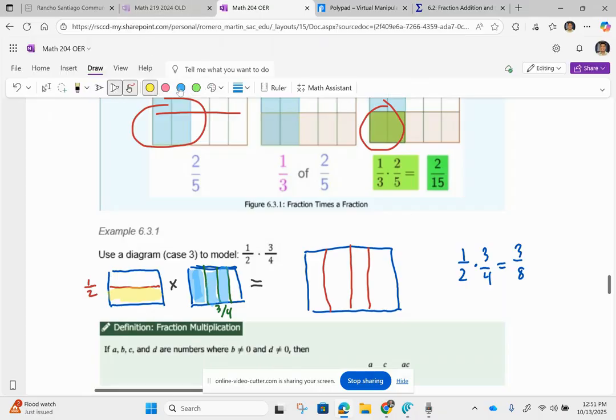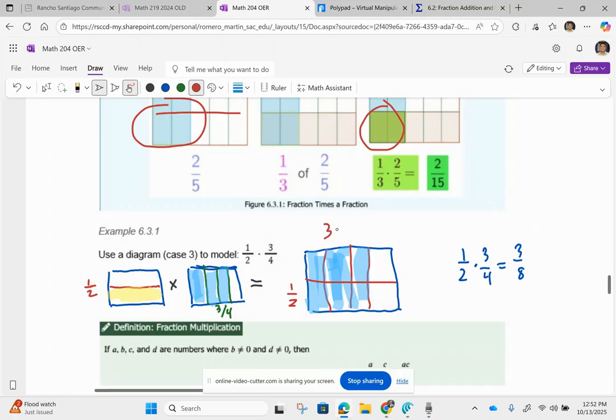Let me recreate it. So we have the 3/4, and what I want now is half of that. So let's go half of that. There's my half right here.